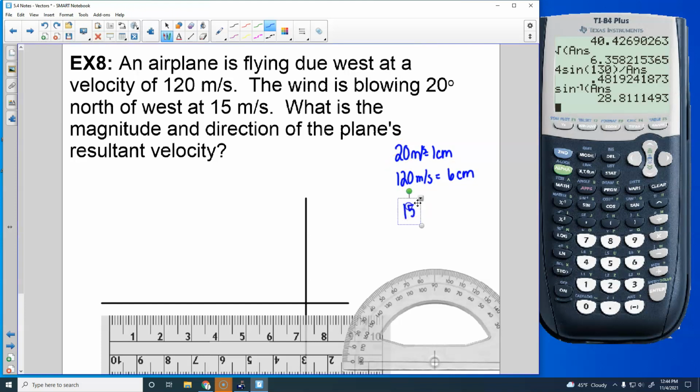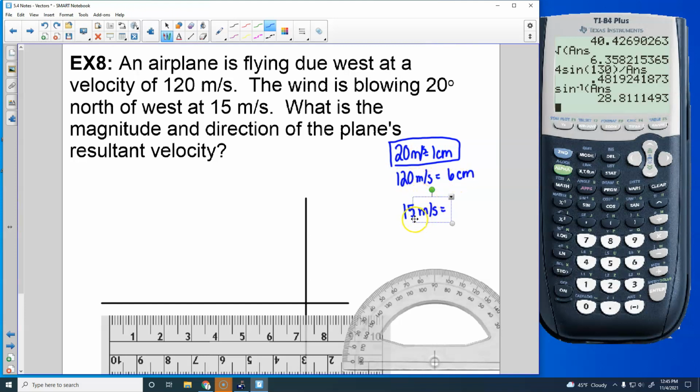What would 15 meters per second be? I'm trying to draw this to scale. So if we're saying 20 meters per second is 1 centimeter, for 120, I'd change it to 6 by dividing by 20.